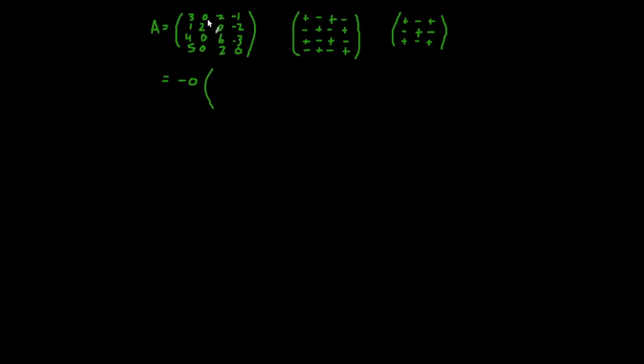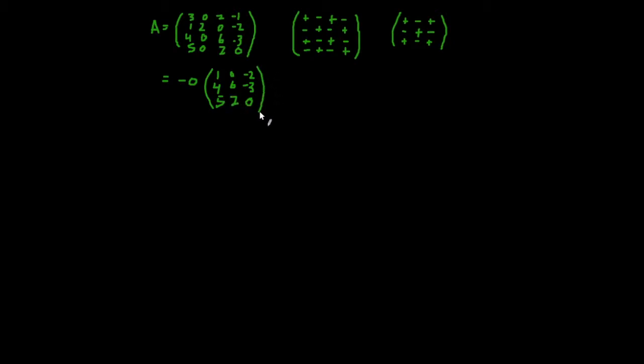Since they're not in the same column or row as this 0, they go into this matrix. So it's 1, 0, negative 2, 4, 6, negative 3, 5, 2, and 0.